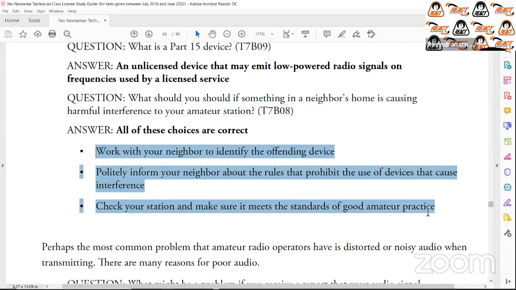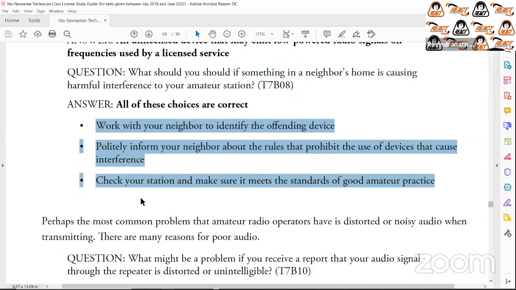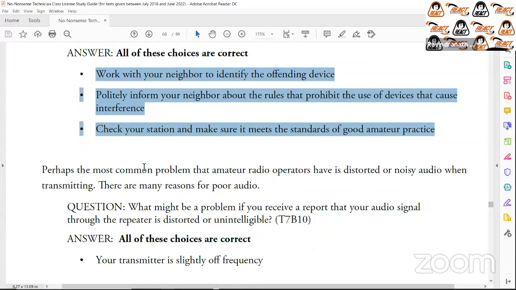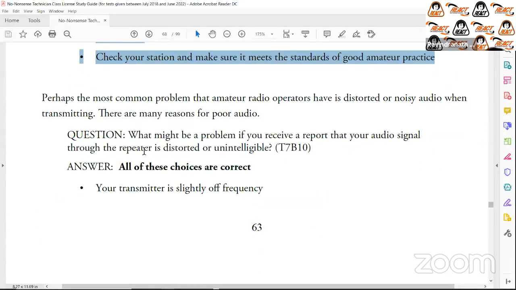Remember we said be nice? All three of these are correct. Work with your neighbor to identify the offending device. Politely inform your neighbor about the rules that prohibit the use of devices that cause interference, and check your station and make sure it meets the standards of good amateur practice. Matter of fact, I will do the last one first. Let's make sure that we are good and we are not prone to receiving the interference, right? Nicely.